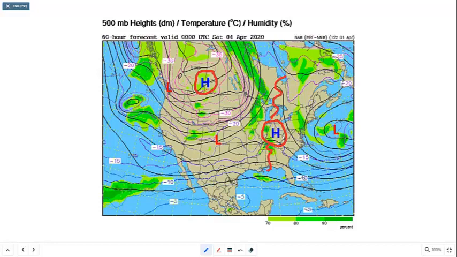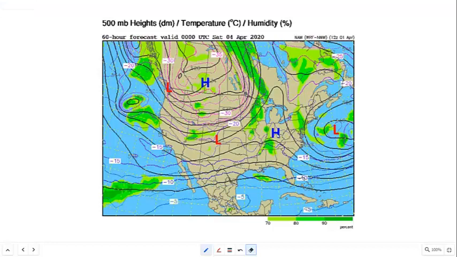So that's why that's a synoptic high. This low is synoptic because it's associated with this broad trough. This low is associated with this trough, and this low is associated with this trough. So all of the lows on the surface are synoptic. This high was thermal. This high was synoptic.